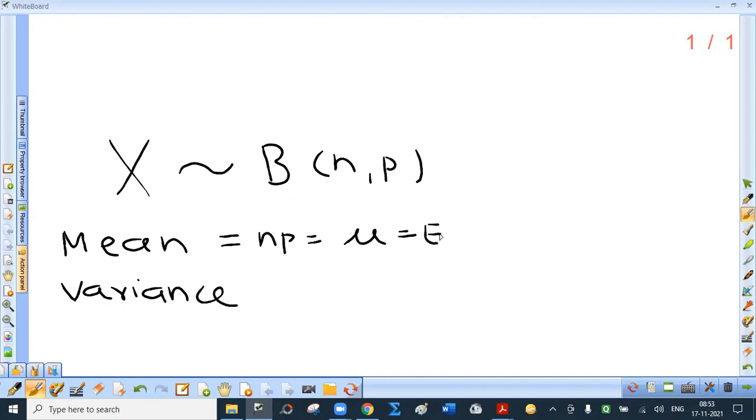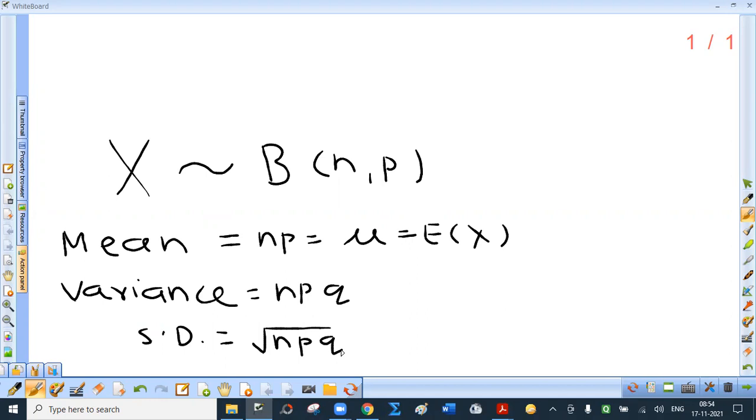It is actually the expected value, so E(X) = mu = np, and variance is defined to be npq. What is q? The probability of failure. So clearly mean is greater than variance. And we know that standard deviation is defined as the positive square root of variance. Is that clear? So if you know this much about the binomial distribution, you can solve all the sums.